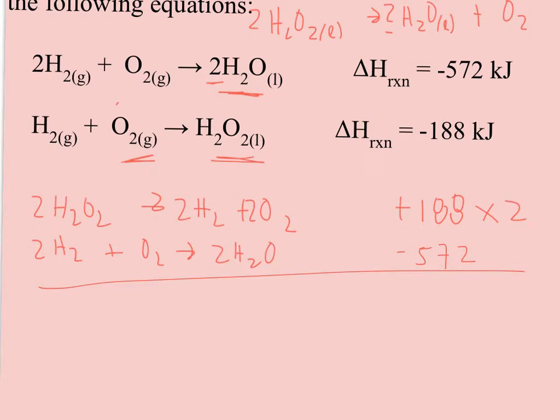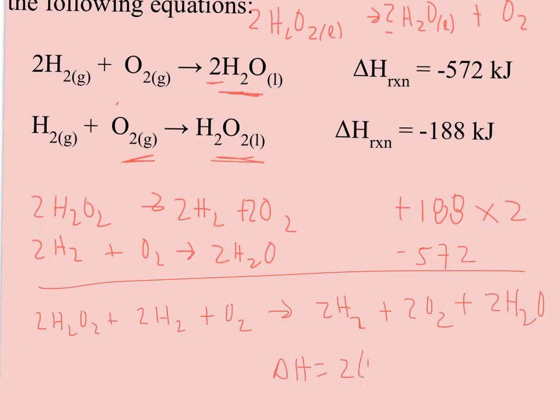So when I add this up, I have 2H2O2 plus 2H2 plus O2 yields 2H2 plus 2O2 plus 2H2O. And then my delta H is going to be 2 times 188 plus a negative 572.